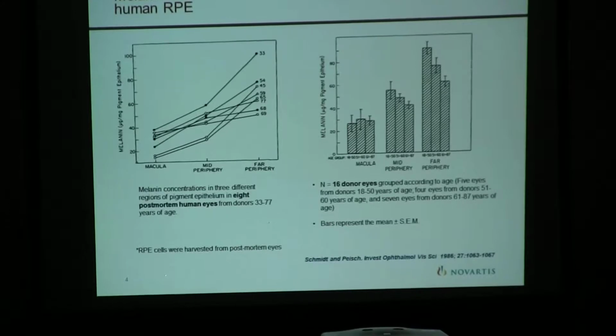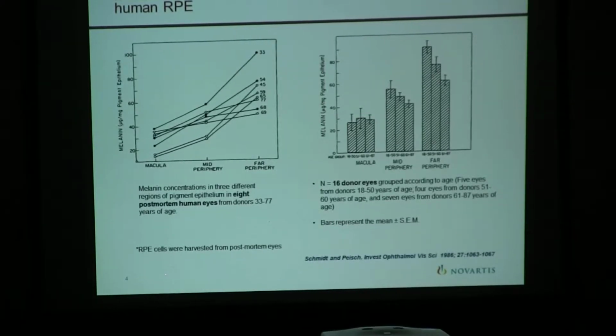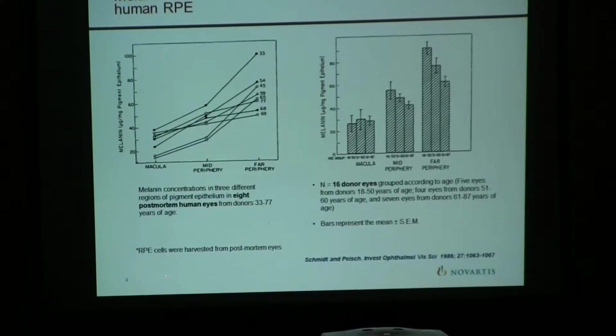One more interesting fact about melanin is that the macular region has lower melanin content as compared to the peripheral region. If we talk about AMD, which is mainly a disease of the macula, or many of the vision-threatening diseases that impact the macula, it is very interesting that it has a low melanin level as compared to the peripheral region of the retinal pigment epithelium.